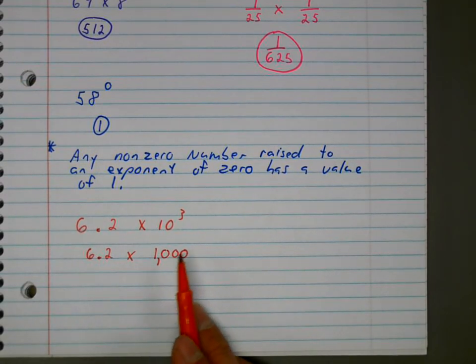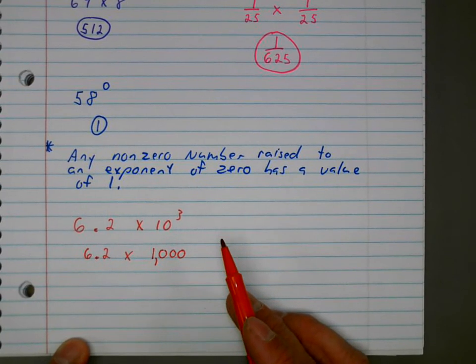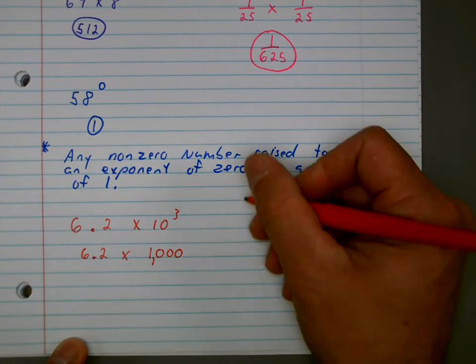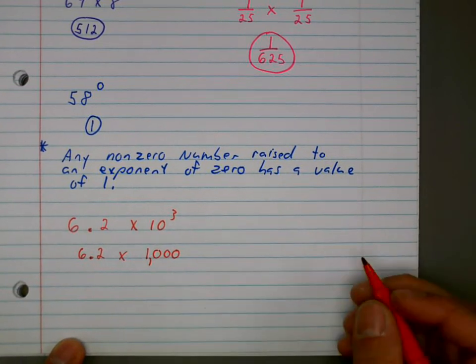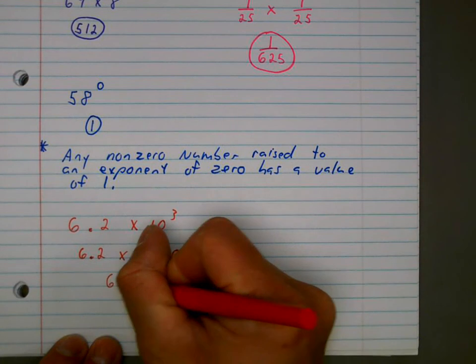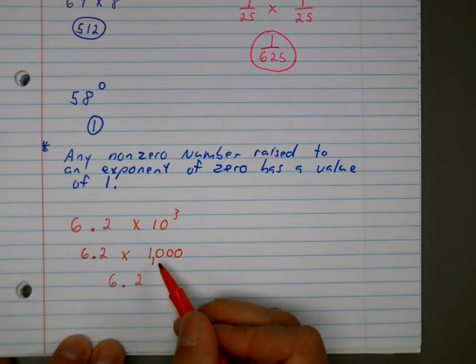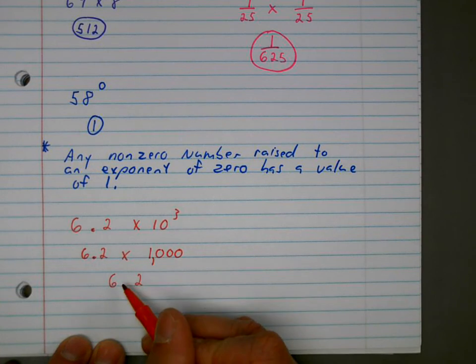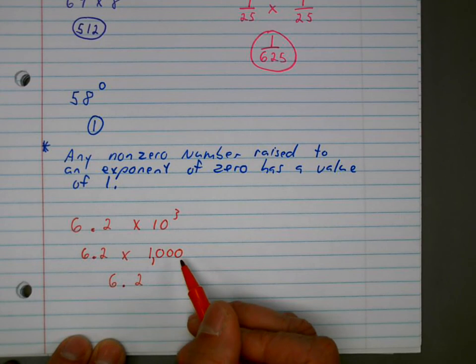Now the great thing about multiplying by base 10 is whenever we have a decimal, we don't have to write this out in long multiplication format. We don't need to write 6.2 times 1,000 and go through all the steps. We can simply write down 6 2/10, and we know, if you're multiplying by base 10, I just have to move the decimal to the right, however many zeros there are.